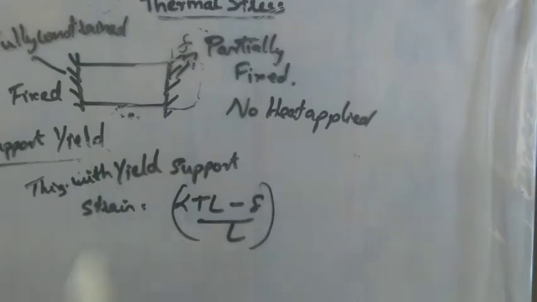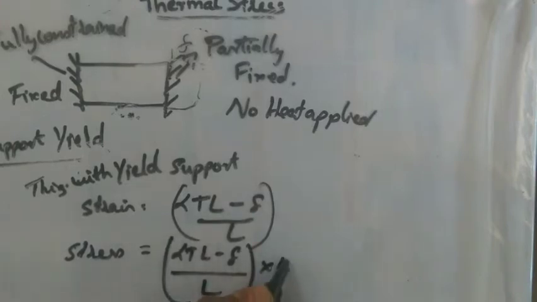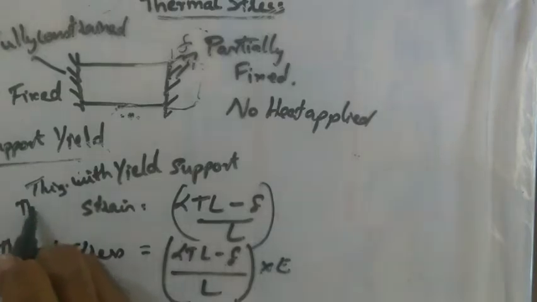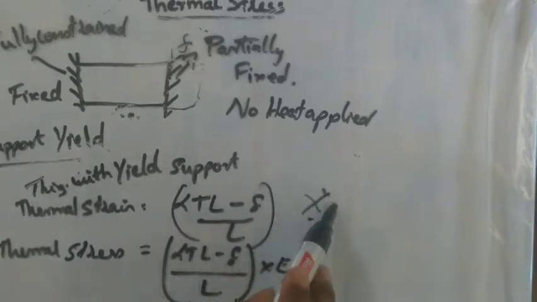This will be the equation for strain. We multiply this with Young's modulus, and this becomes the equation of thermal stress. Note the formula, a very important formula.